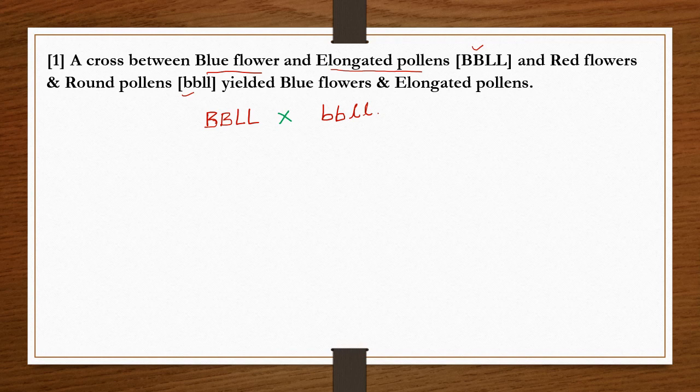So what gametes are produced here? The gamete produced is capital B, capital L. And here the gamete produced is small b, small l. During fertilization, these two gametes fuse together to form capital B, small b, capital L, small l.